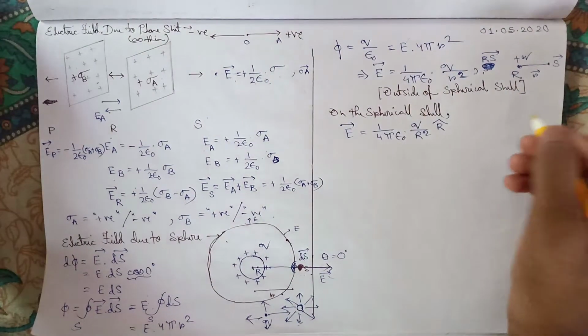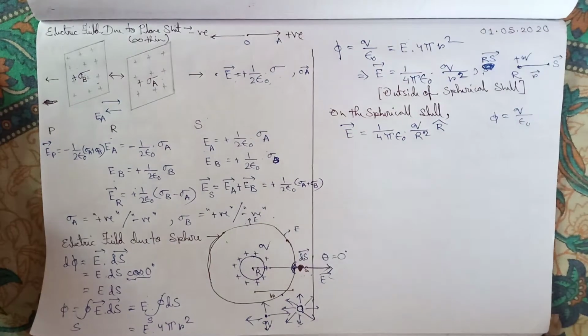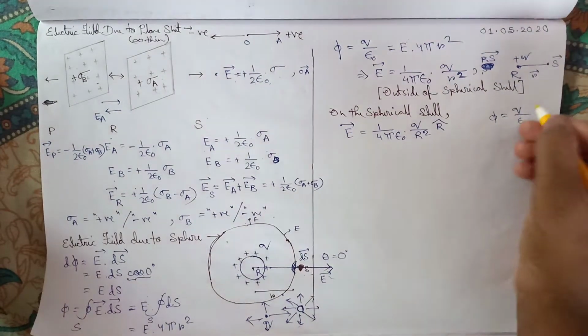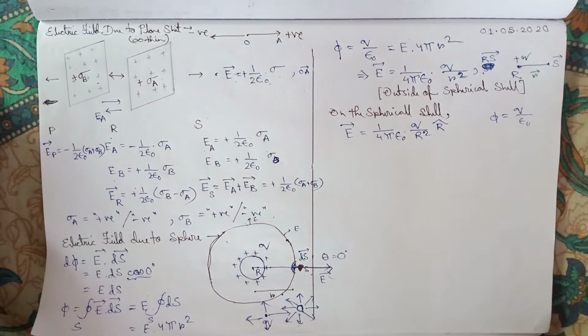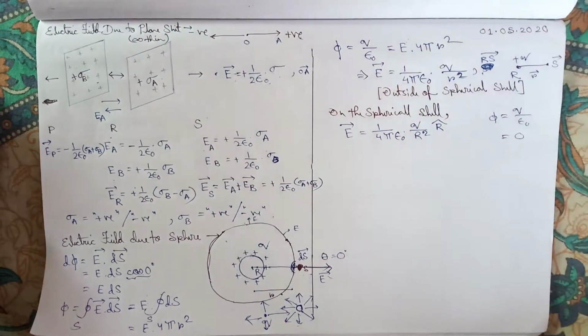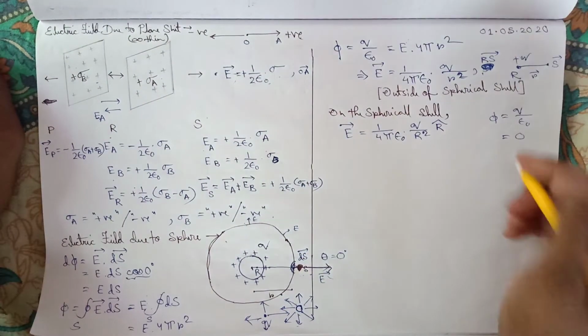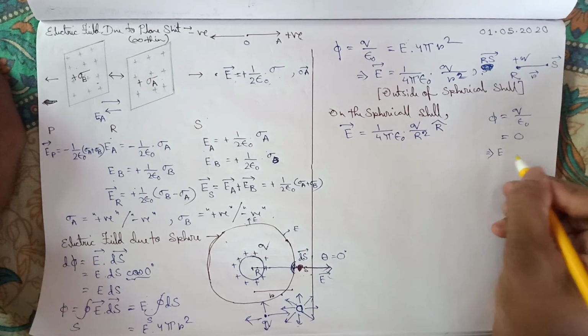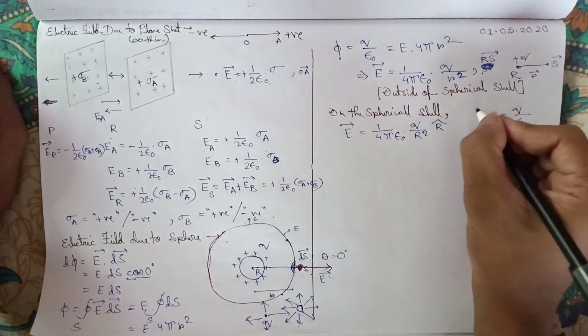So if we apply Gauss law, phi equals q by epsilon naught. As no charge is enclosed, q is just 0. Zero charge is enclosed, so phi will be 0. As phi will be 0, the electric field will also be 0. So inside a spherical shell, the electric field is 0.